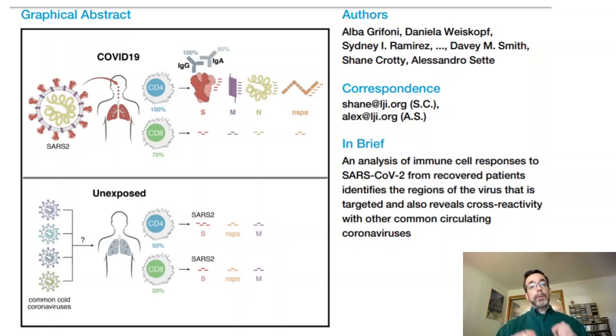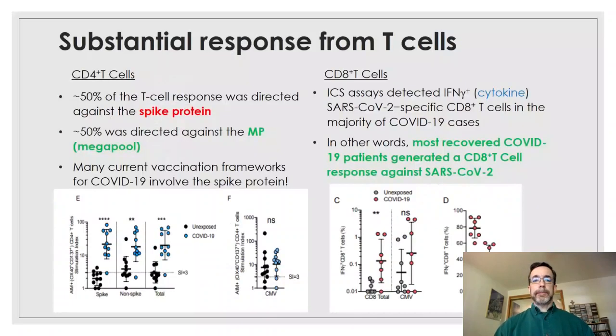Notice this. So we can say, okay, does this make sense? If we look at the cold viruses, do we see a similar pattern of proteins being recognized by the immune system? And what my students found out is that yes, we do, down to the original peptide, that we can see the similarities among them. This, for example, is one of my students' slides about the substantial response from the T cells, with CD4 T cells and CD8 T cells.